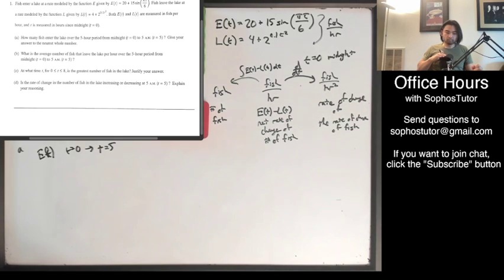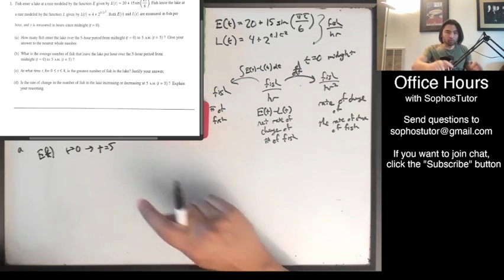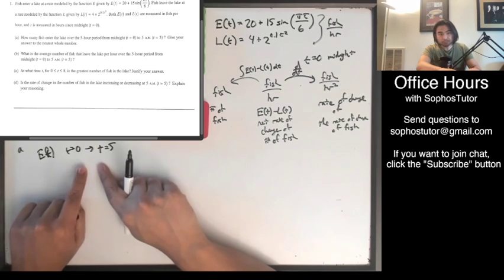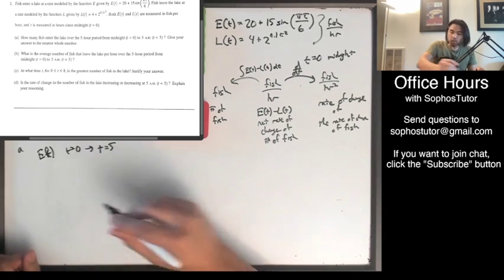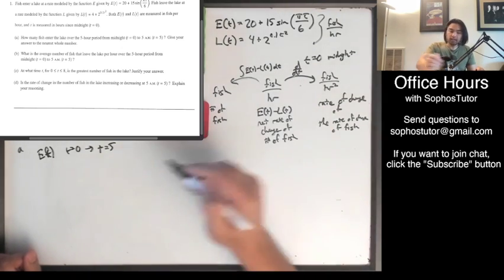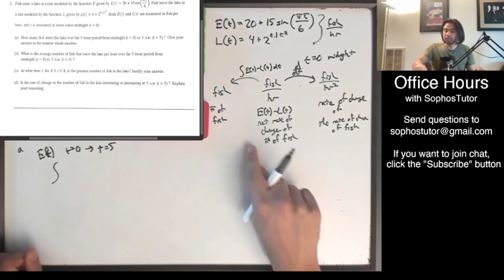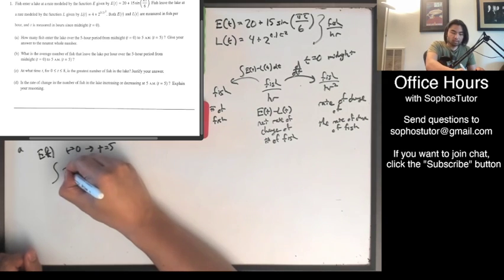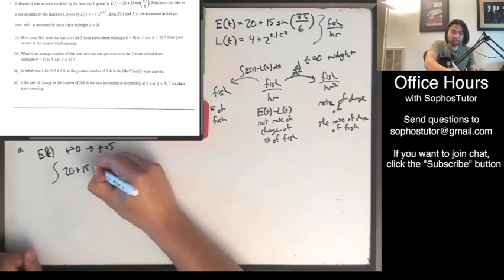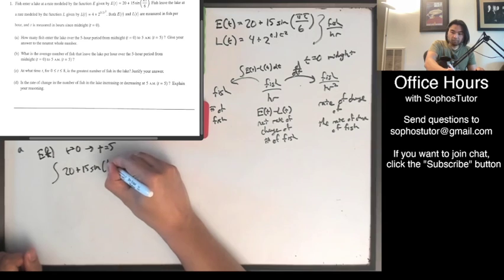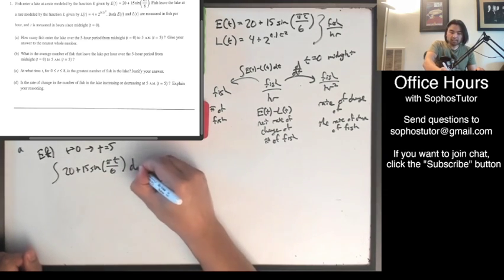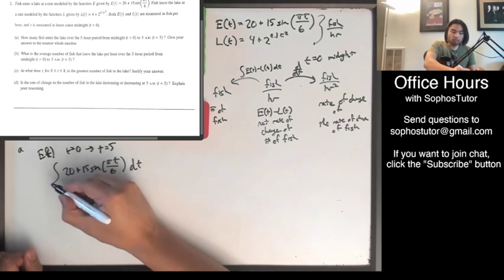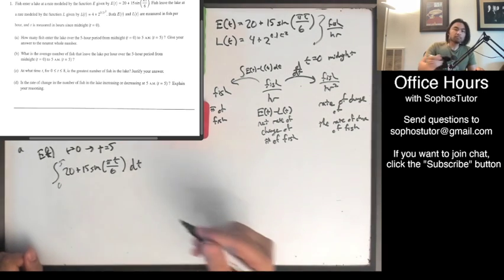Well, if we want number of fish, then, as we've said, we are going to take an integral, right? Because that's number of fish. In this case, we only care about E of t. So 20 plus 15 sine of pi t over 6 dt. And our numbers are going to be from 0 to 5.